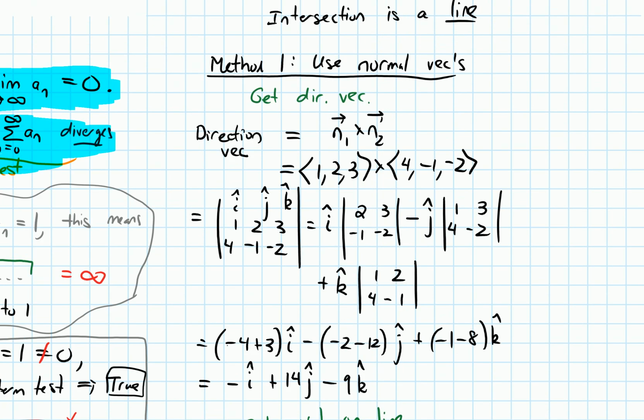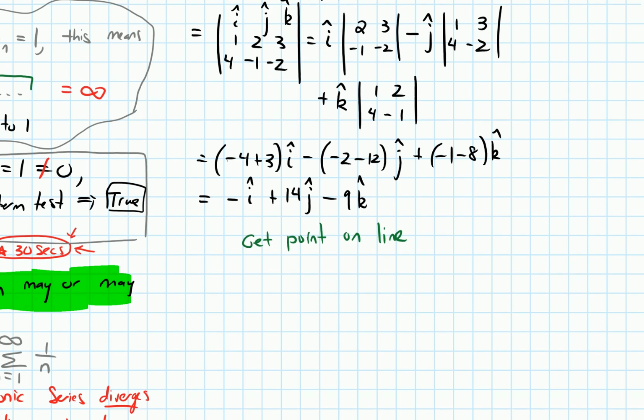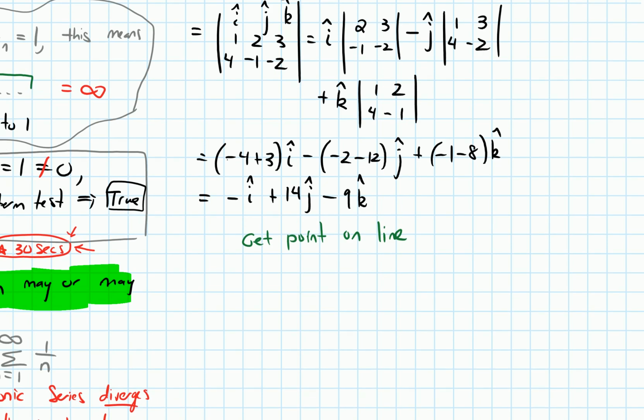So let me just write down their equations, just so we have them here to work with. So we get x plus 2y plus 3z equals 12. That was one of the equations. And the other one was 4x minus y minus 2z equals 8. So I move the 2z over to the left.